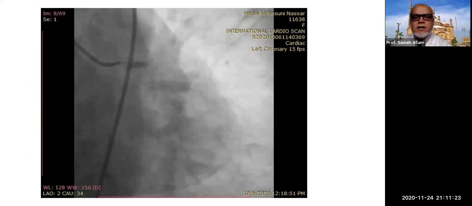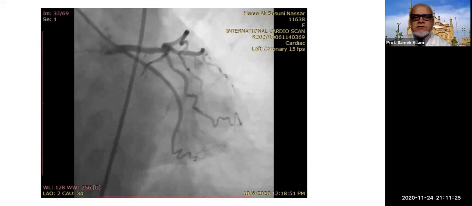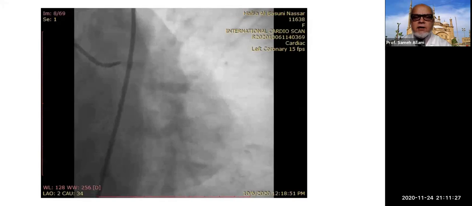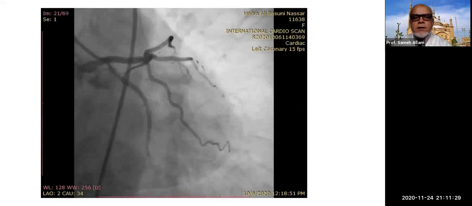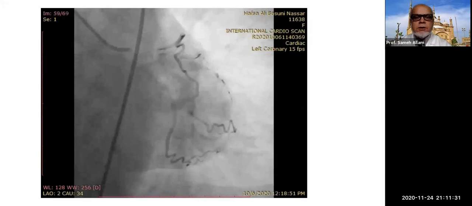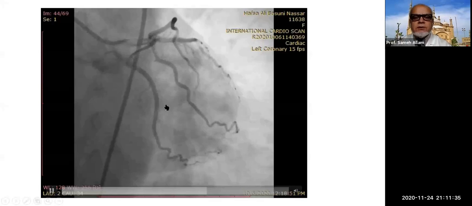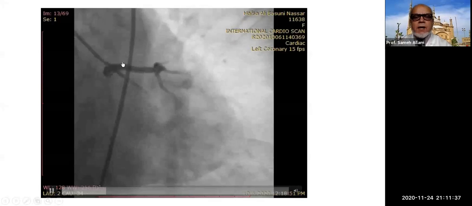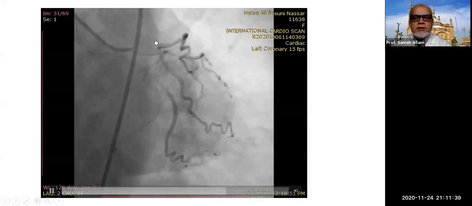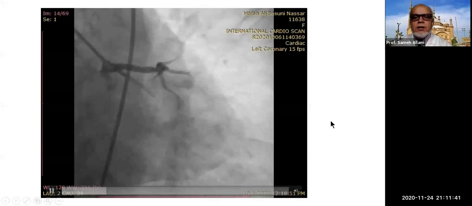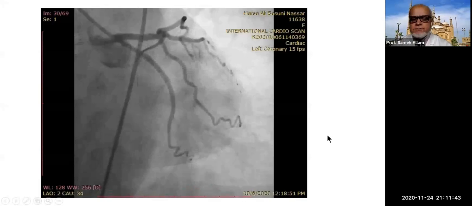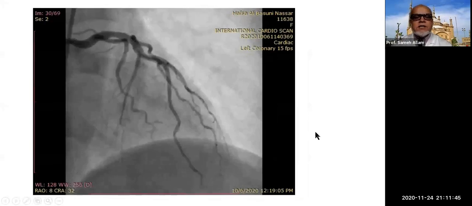This is the left system. As you can see now, the ultra short left main, small circumflex vessel, and long LAD that trifurcates into 3 branches. This is a cranial view.